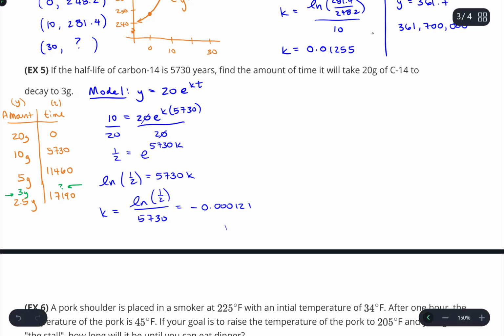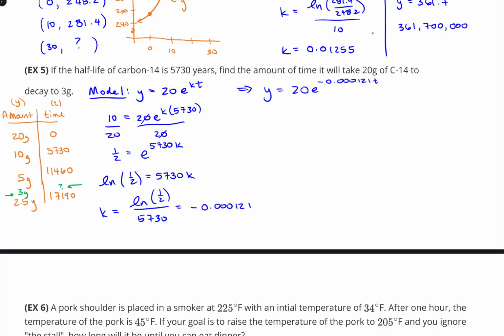Ultimately, I'm not going to use a rounded value when I start doing some calculations with it, but I'll just write it this way for simplicity. Okay, so now my model looks like y equals 20 e to the negative 0.000121 t. And with that, I can now predict how much time it takes to reach a particular amount remaining.